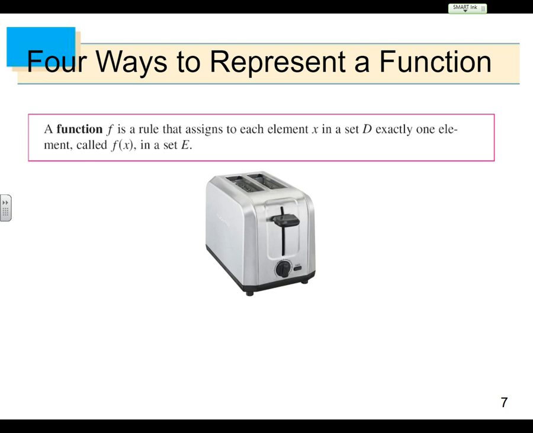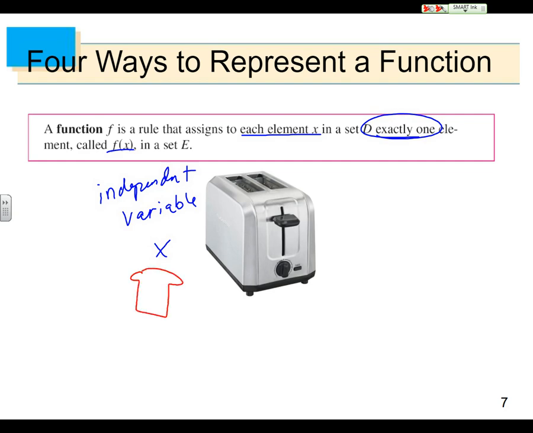Now I'm going to go back to my toaster. If you guys remember my toaster last year, in order for it to be a function, what has to happen is each element of x has to go to exactly one element in f of x. And so what happens is you have this independent variable out here, my independent variable x, which I used last year as a slice of bread.